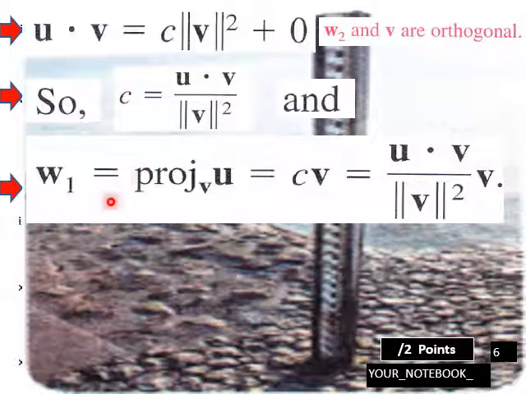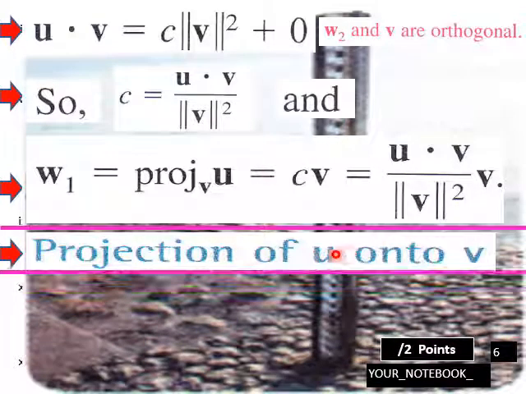And W1 would equal the projection of U onto V, which equals C times V, which equals U times V over the magnitude of V squared times V. So this becomes a projection when we multiply both sides by V in this situation.